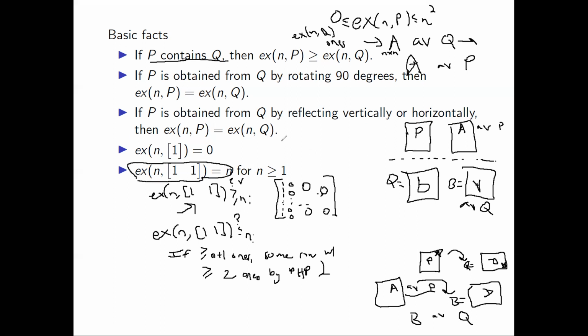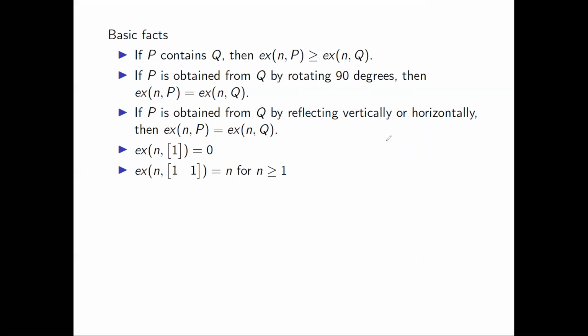We can also argue the next bullet really similarly. So the next bullet is just the next matrix in this sequence. So if we take this 1 by 3 matrix of all ones, its extremal function is equal to 2n.